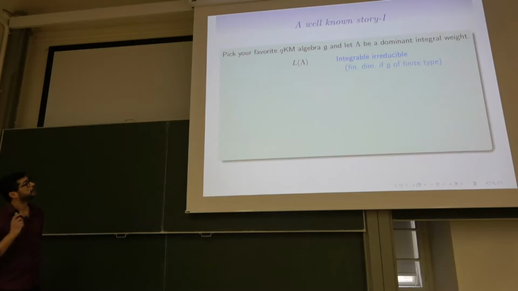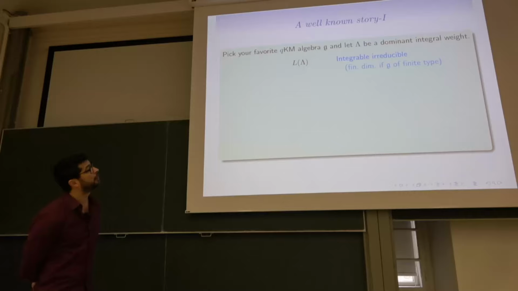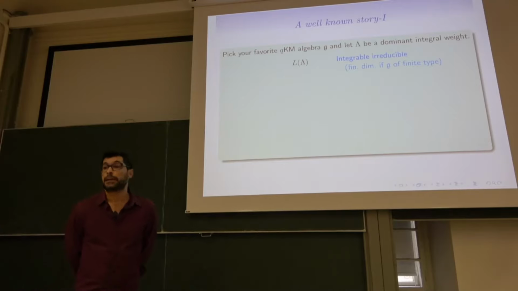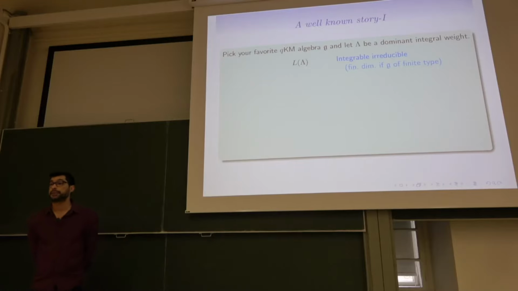Okay, so let's start doing some math. Pick your favorite quantum Kac-Moody algebra, which I always call G, and a dominant integral weight. Then there are integrable modules, for this dominant integral weight, which we call L of lambda. These are irreducible, and if G is of finite type, these are the finite-dimensional irreducible representations.